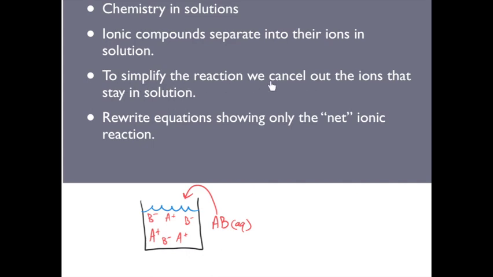To simplify the reaction, we don't write the ones that stick around, which we call spectator ions, but instead we only write the ions of the things that started out as aqueous but changed to solid as a product. And so when we rewrite the reaction, we show only the net ionic equation, or the net ionic reaction. In other words, only what happens and doesn't show what doesn't happen.